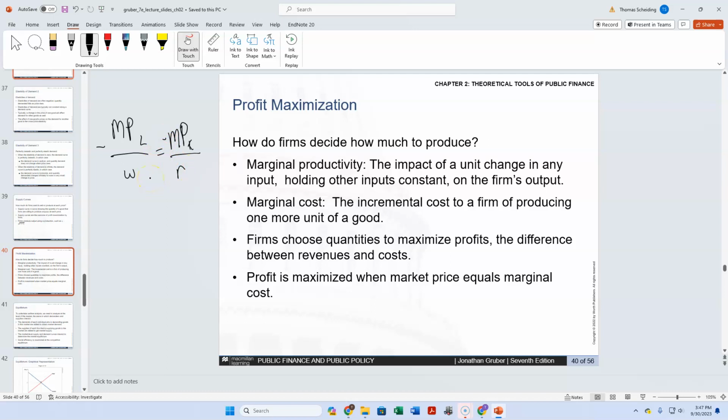Even if you own it, you're considered to be renting it out to yourself. The same math is involved, though, just as it was for the consumer, right? This is the end result.